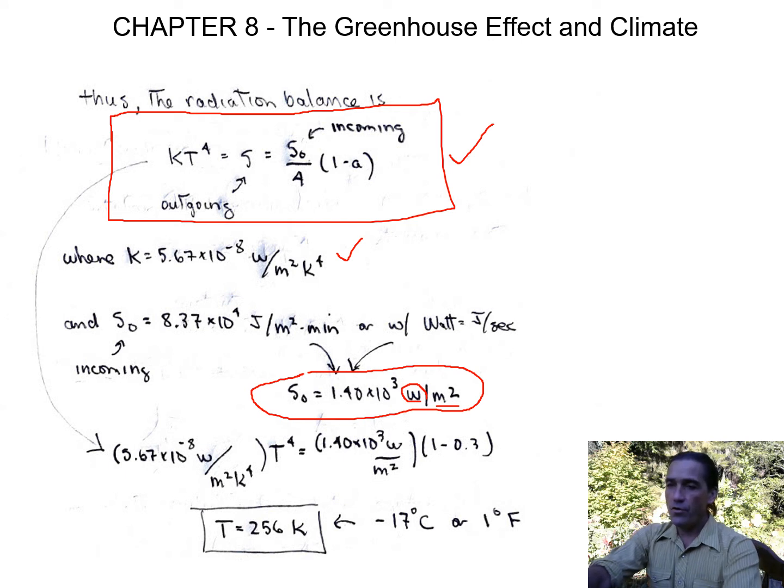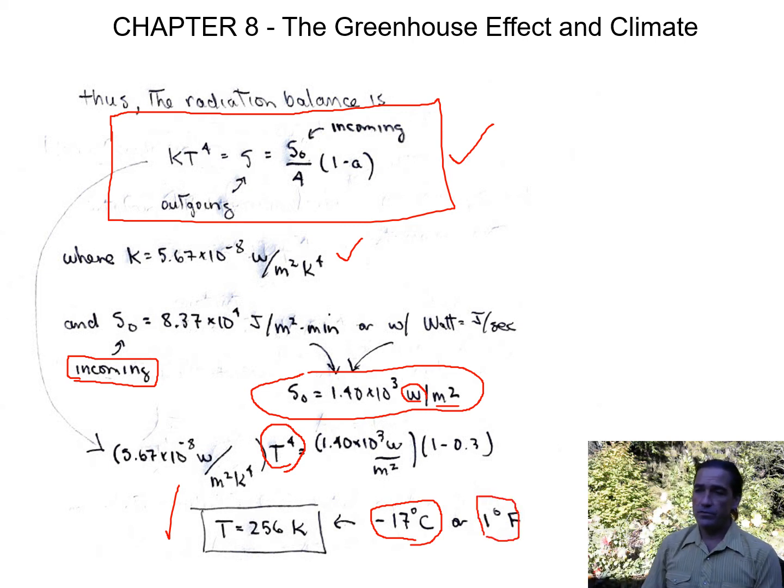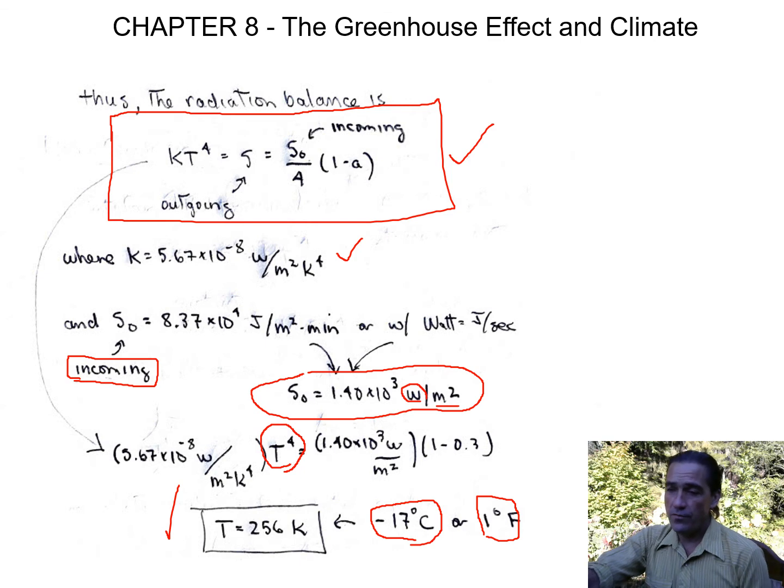And so the Earth takes on this incoming radiation, and what temperature would we expect the Earth to be? So based upon Stefan Boltzmann's law, what we see is that the temperature should be 256 Kelvin, which is negative 17 degrees C or 1 degrees Fahrenheit. So well below the freezing of water.